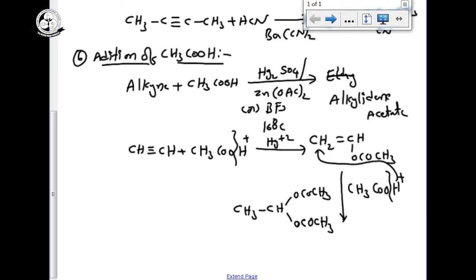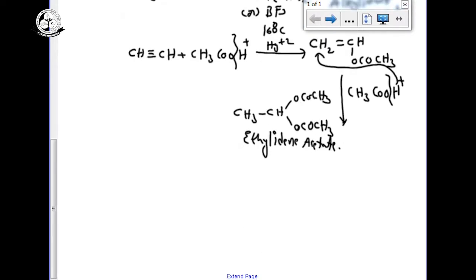Its name is ethylidene acetate. Same Markovnikov rule you can follow: the positive part will be attached to the multiple bonded carbon atom having more number of hydrogens, and complete this one.